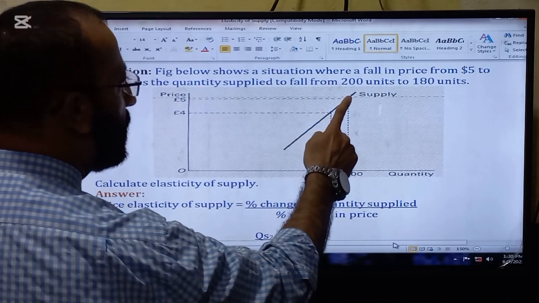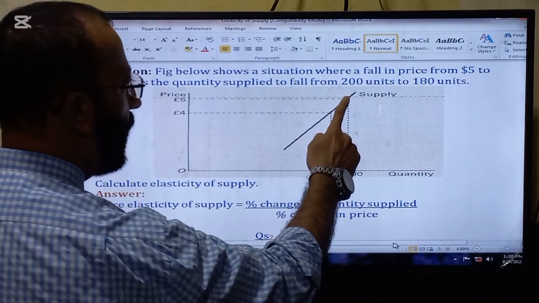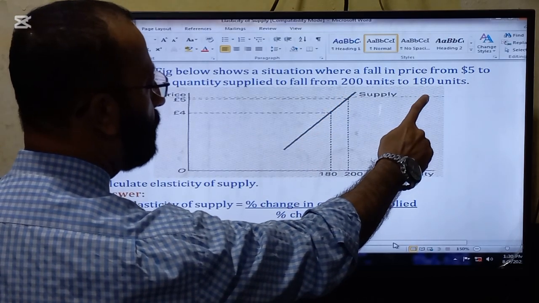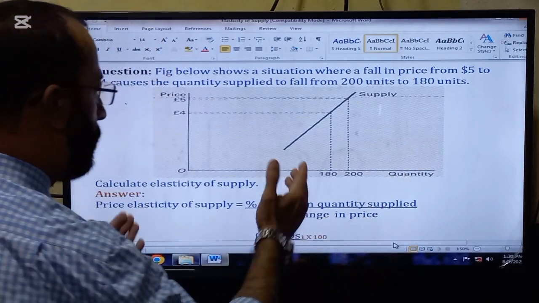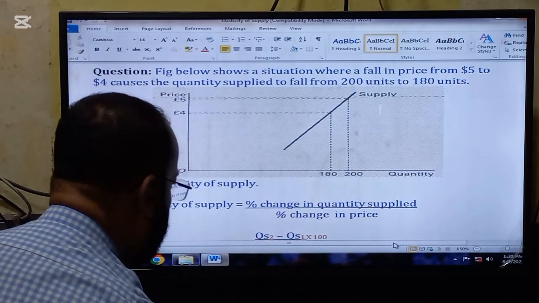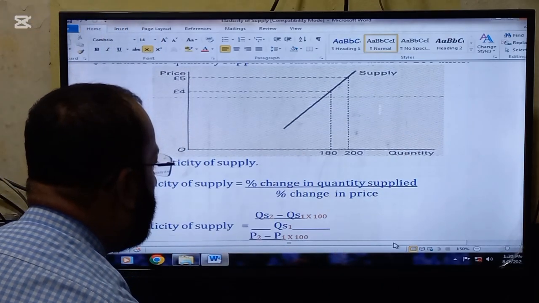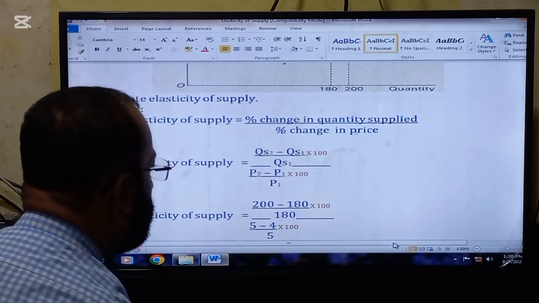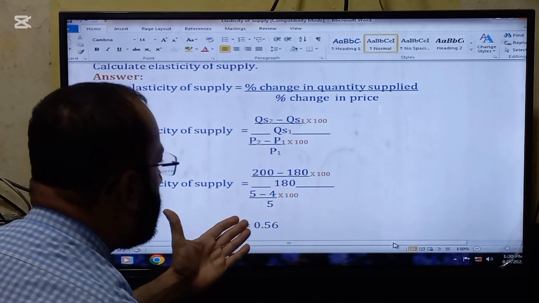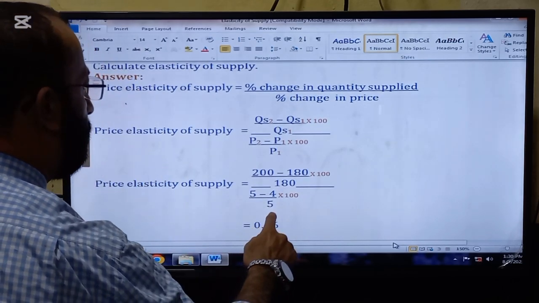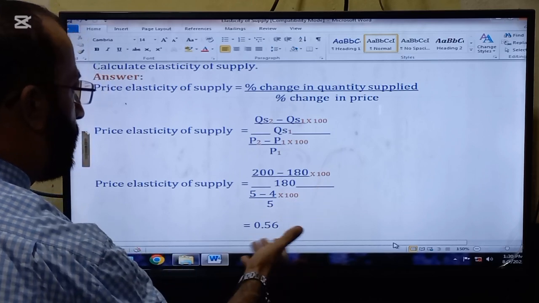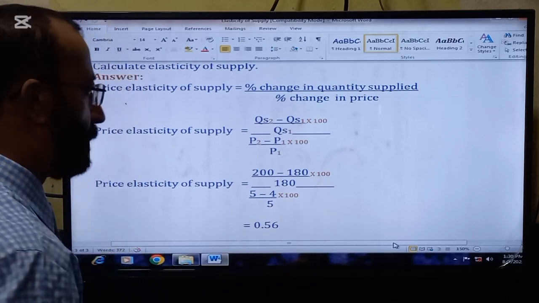This is the initial supply S1 and this is the final supply S2. Putting the values in: 200 minus 180 over 180, over 5 minus 4 over 5. The 100s will cancel, and this will give you the answer.